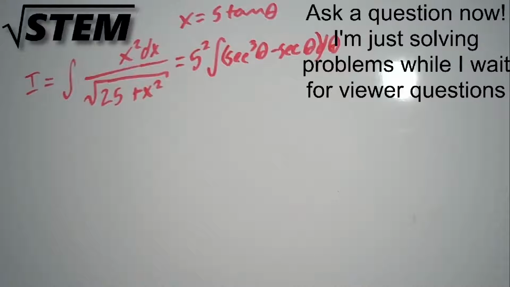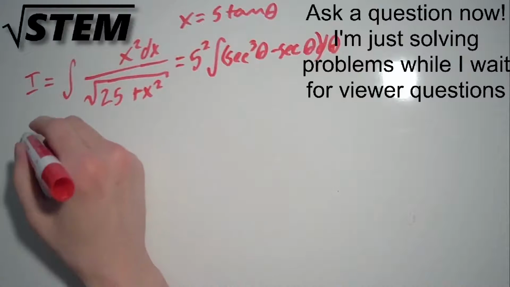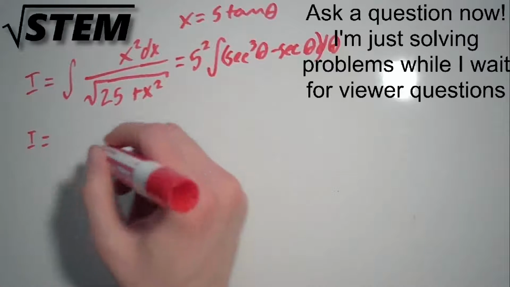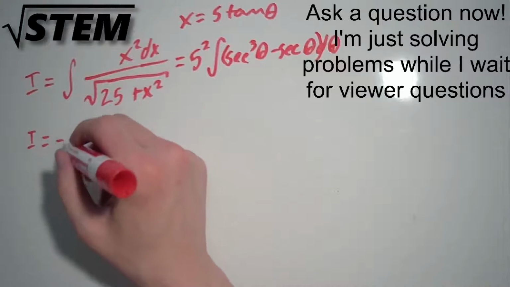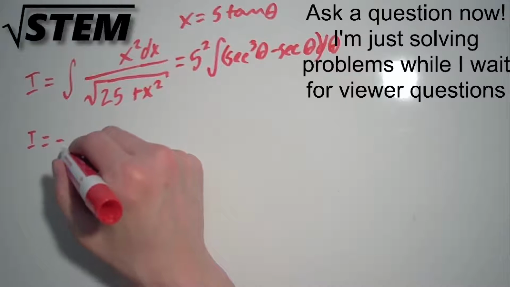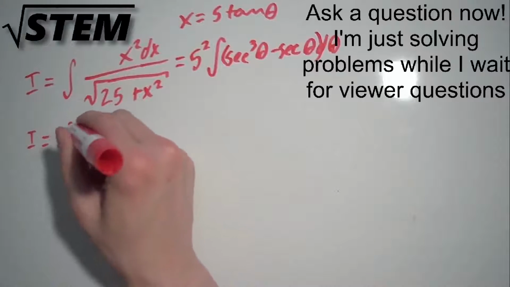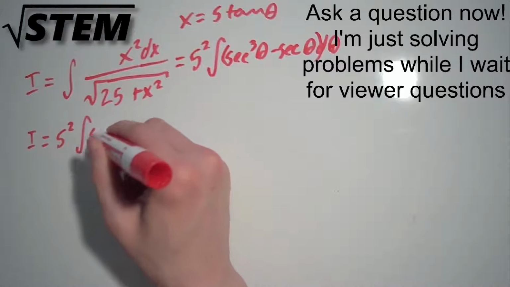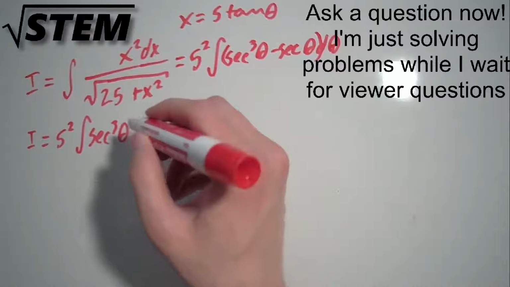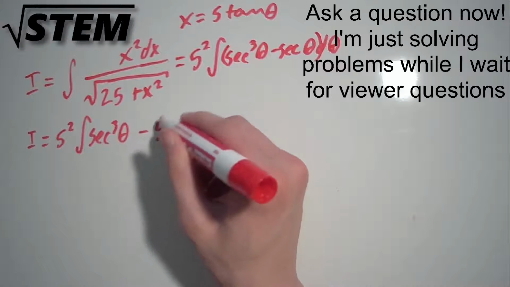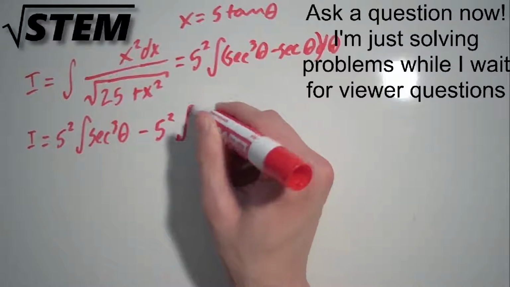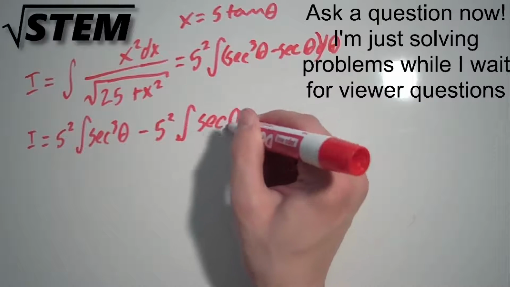So let's say that this is equal to, well, no. Let's say it's 5 squared times the integral of secant cubed minus 5 squared the integral of secant.